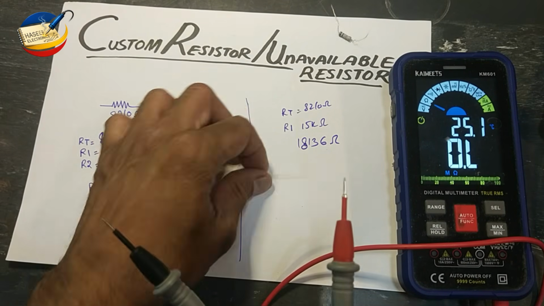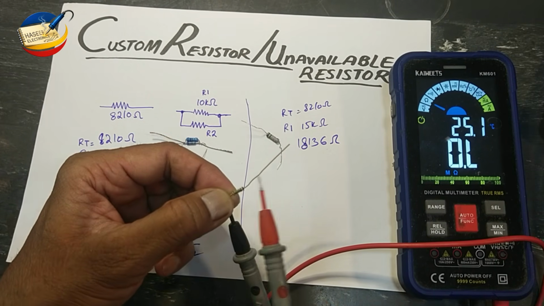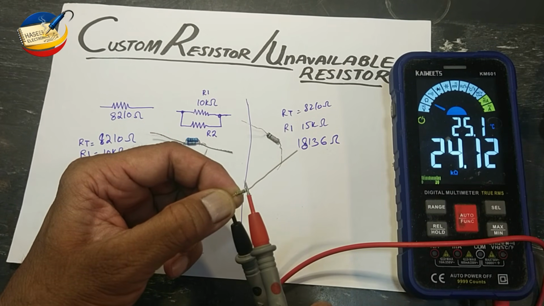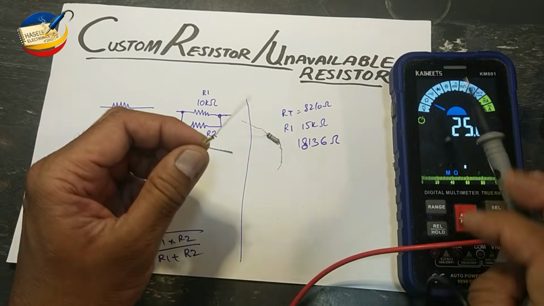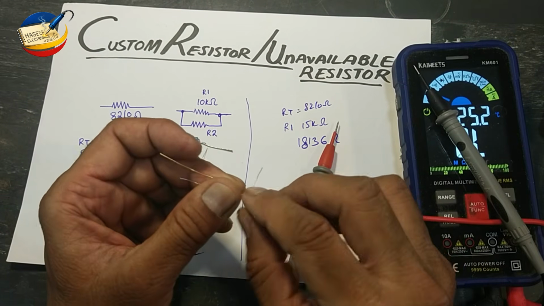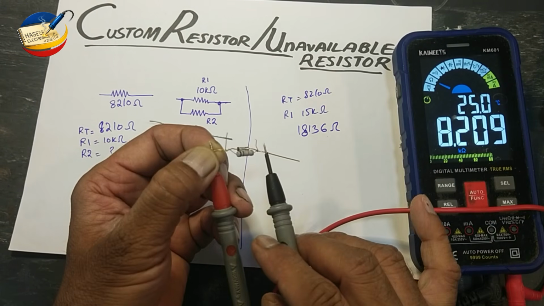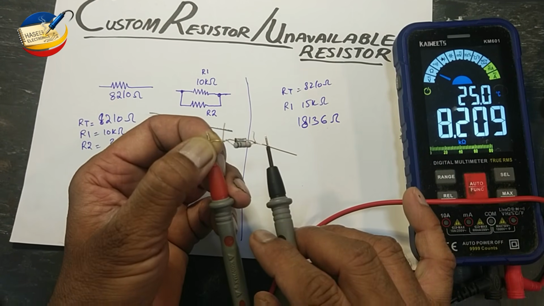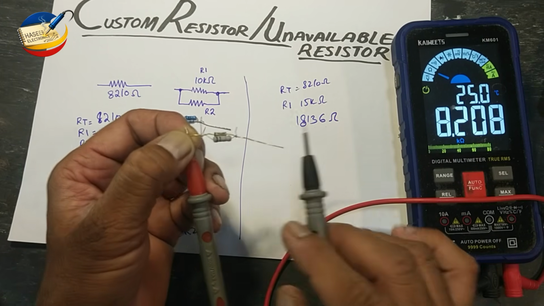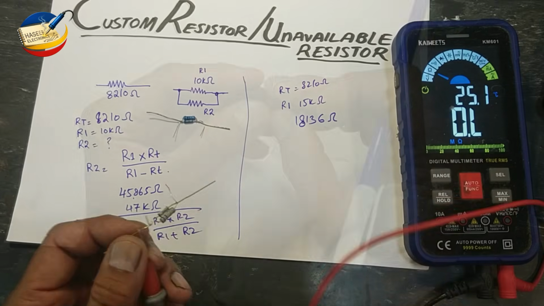We calculated 15K, the practical value is 14.85, and 18.20. If we combine these two resistors, the practical value is 8.209 kilo ohm. That means it is exactly matching our required value.